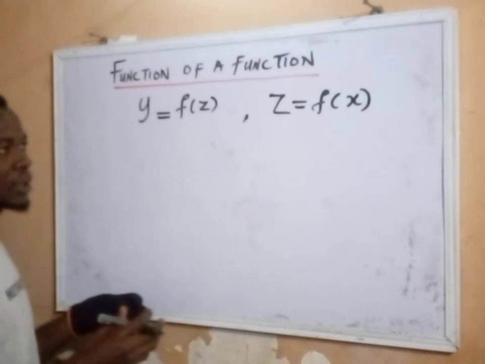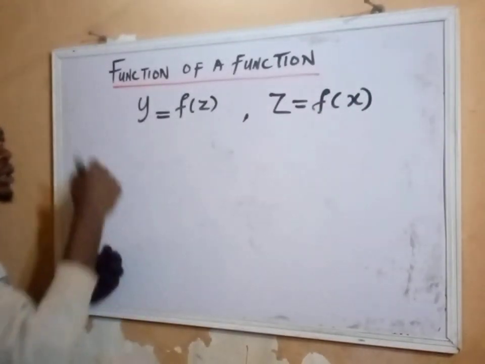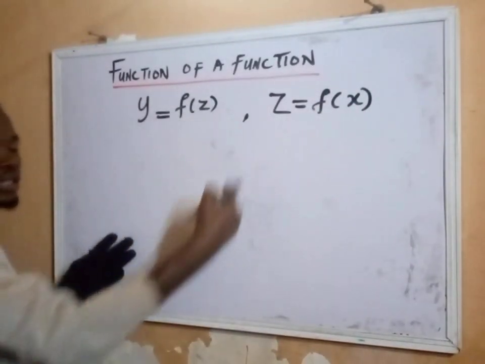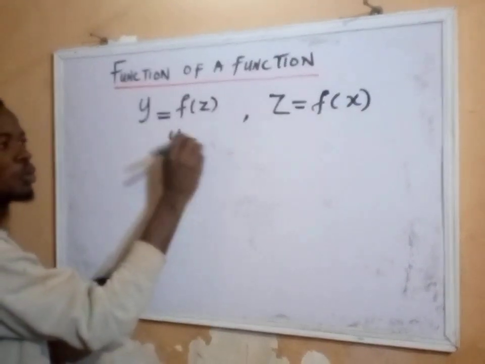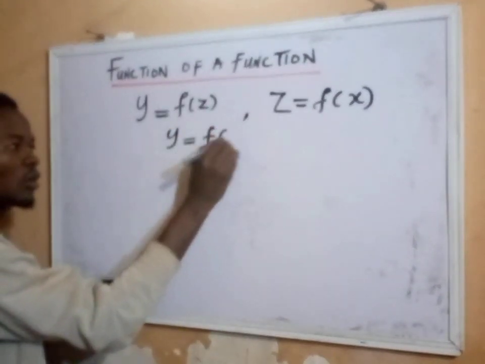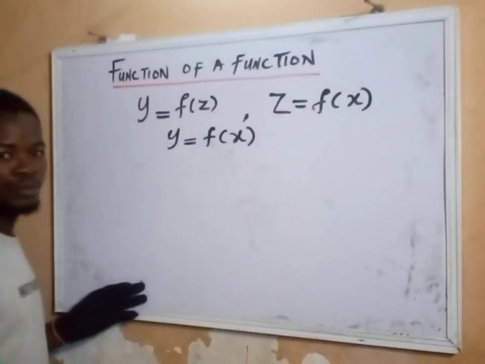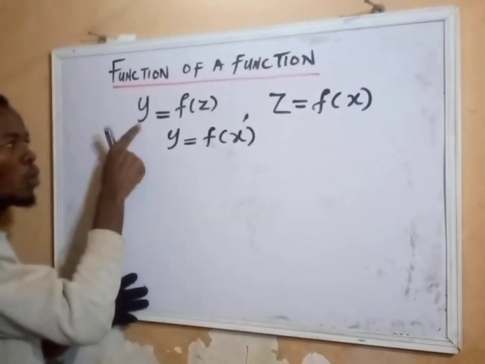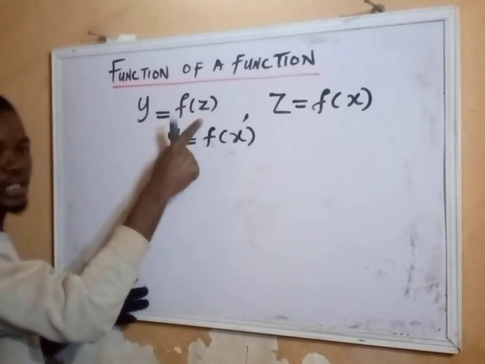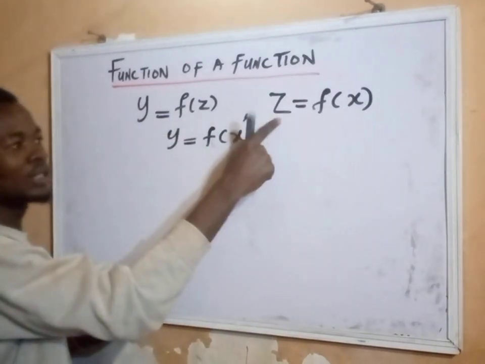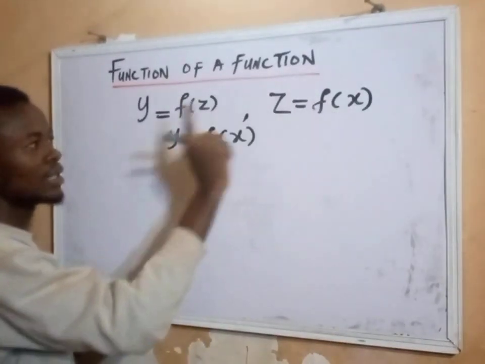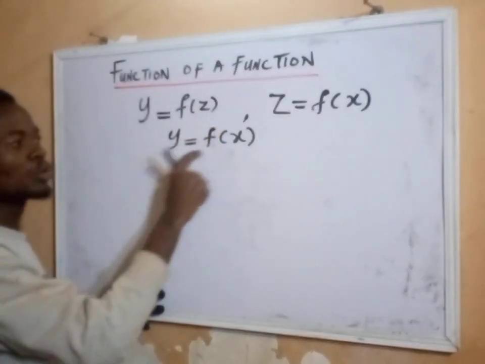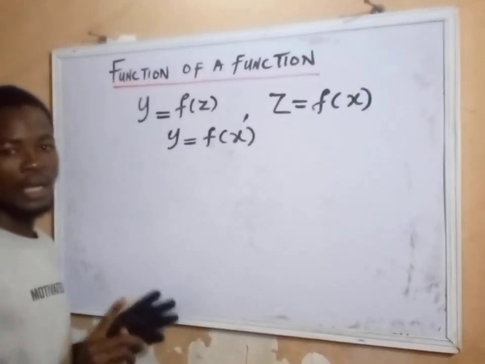So the general principle that connects y and z together is that y will also be a function of x, because y depends on z, and we also define z which depends on x. Definitely y can also depend on x.